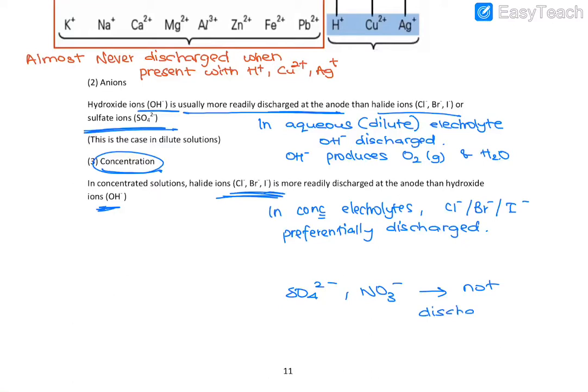So for the syllabus, you're going to be looking at the preferential discharge of either OH- or the halides in concentrated electrolytes.